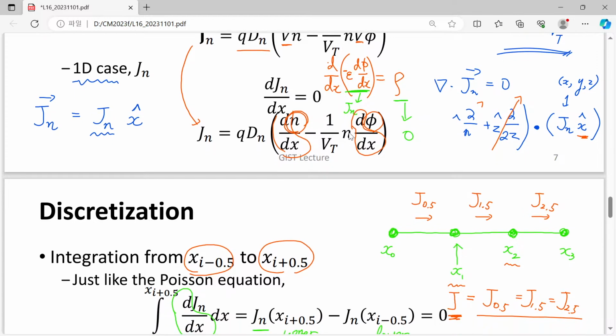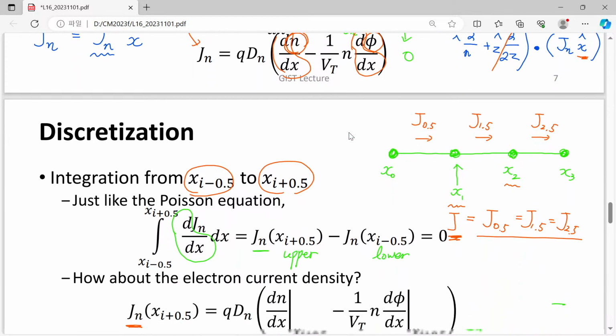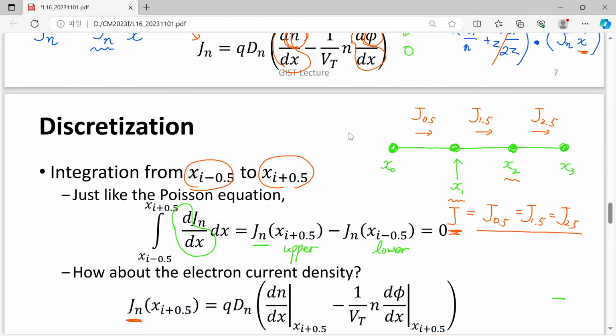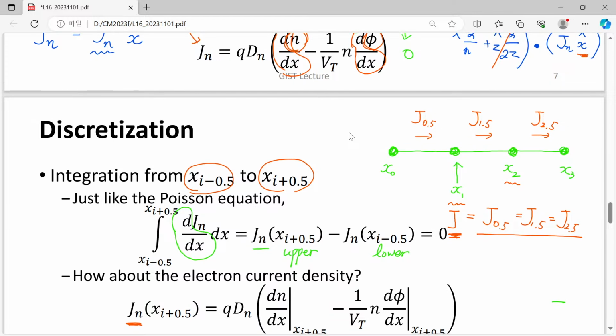So how can we make a discretization? This is quite an important question. Actually, I want to emphasize that this is as much as TCAD device simulation is involved. This is the most important instance you are studying in this semester.